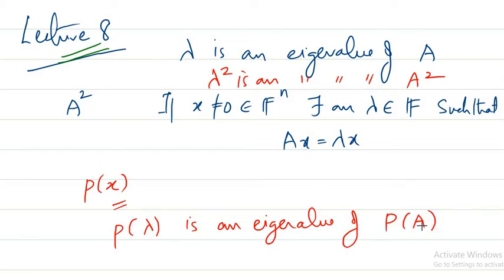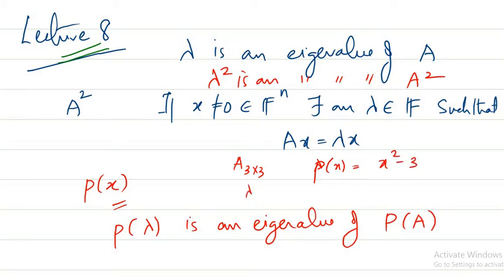What I mean by that is, suppose you take A to be a 3 by 3 matrix, and you have a polynomial P of X, say x cube minus 3.